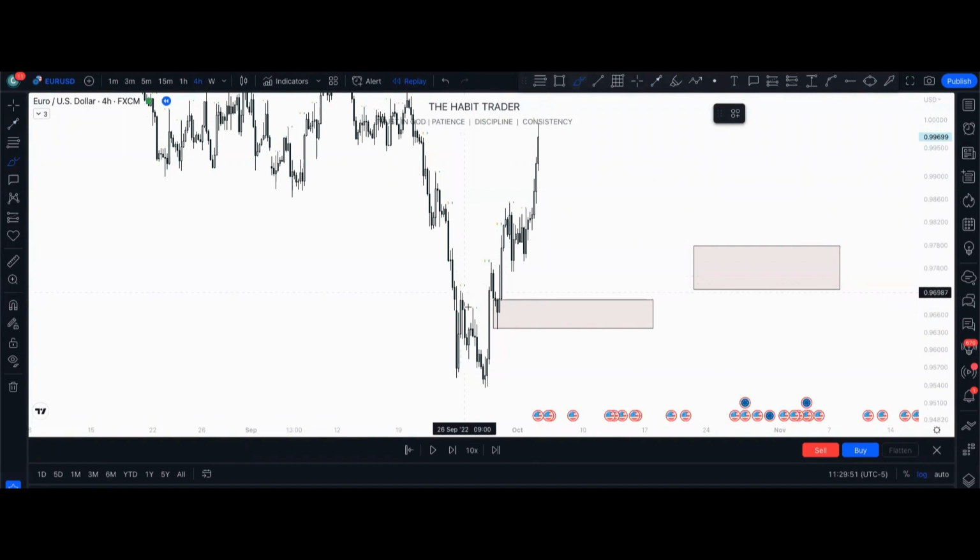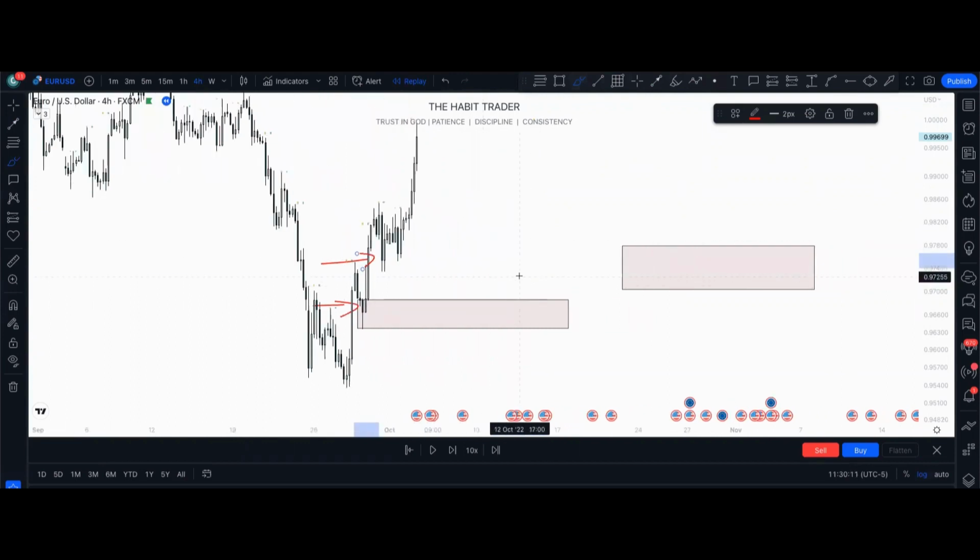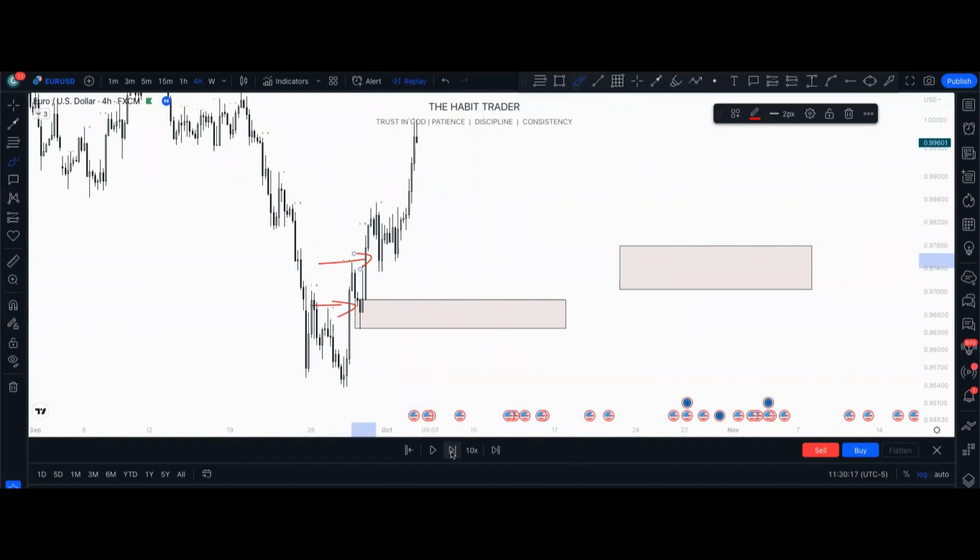But change of character and break of structure is one way to have a criteria in your trading list to consider that you can consider to buy. So this one is really okay to see some price action, right?